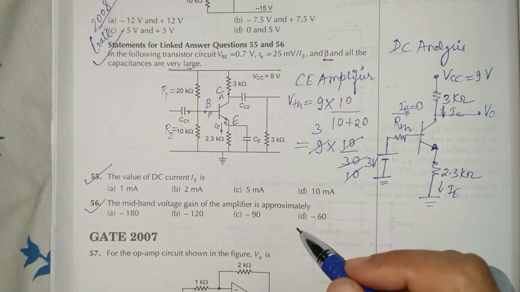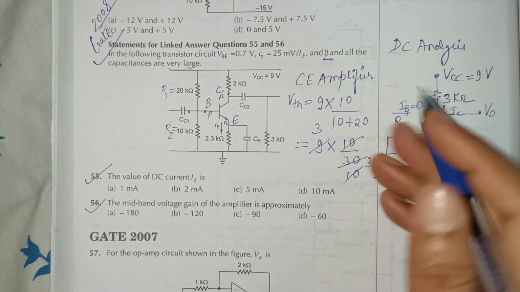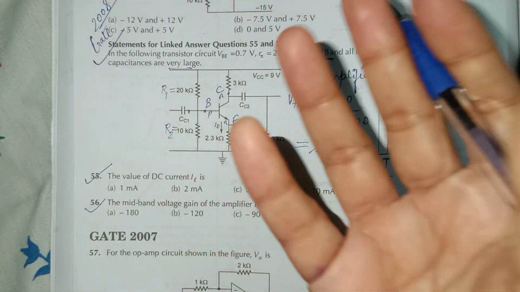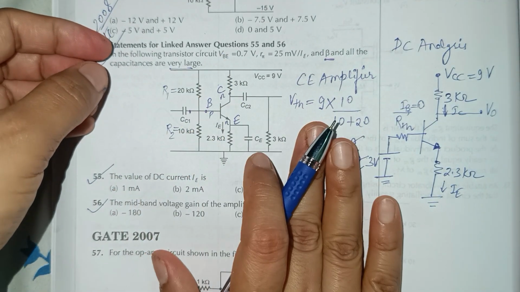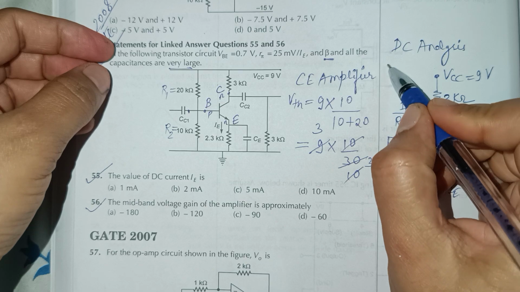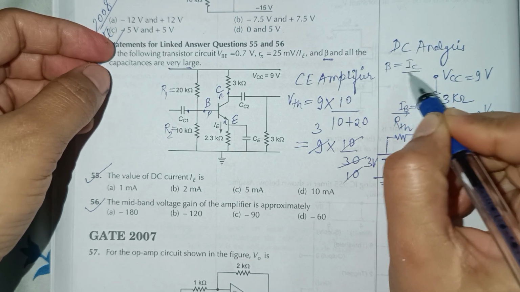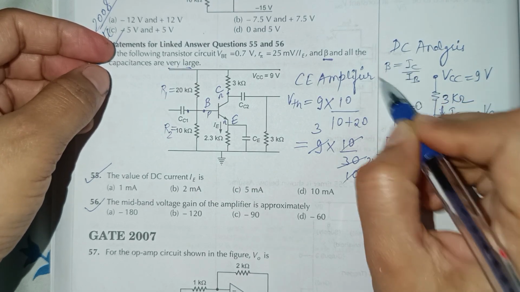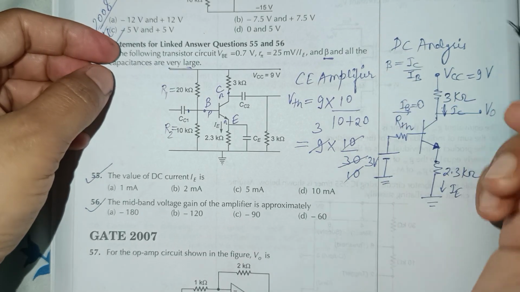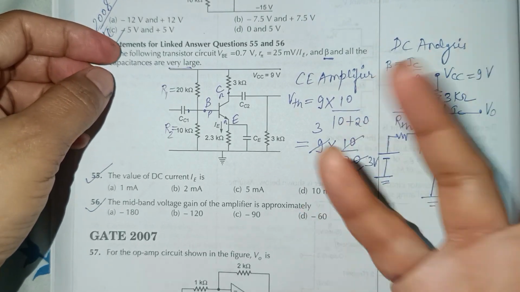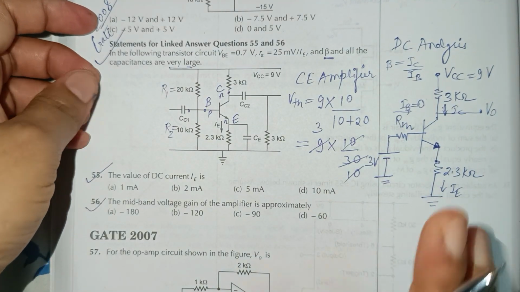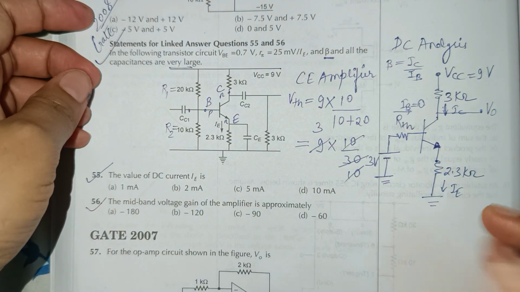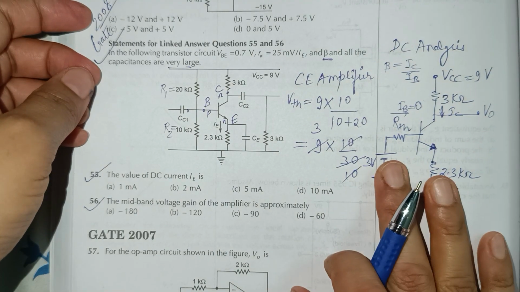Beta is the current gain of this common emitter amplifier, and you know that beta is IC by IB. So if beta is very large, IB will be 0 because beta is infinity. So IB is 0, IC will be equal to IE.